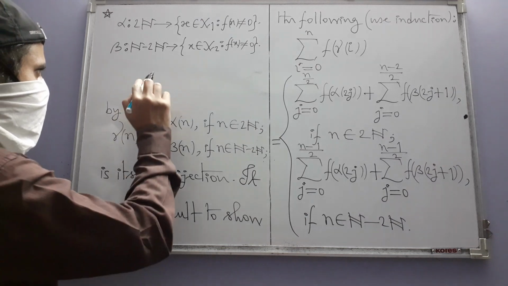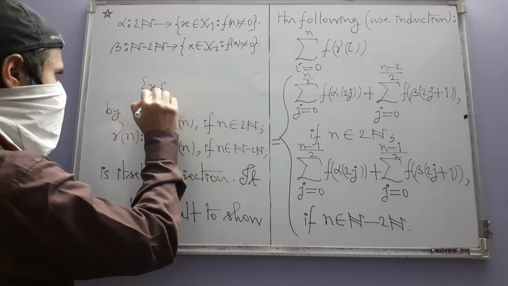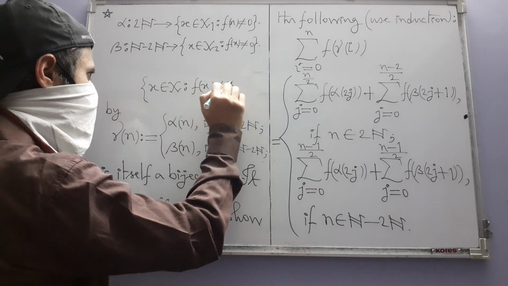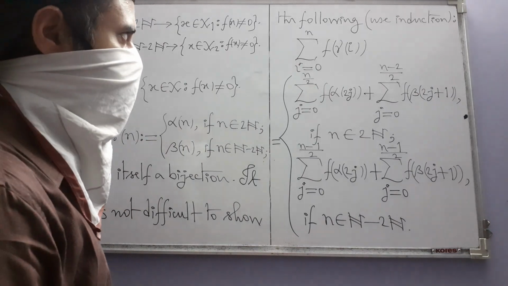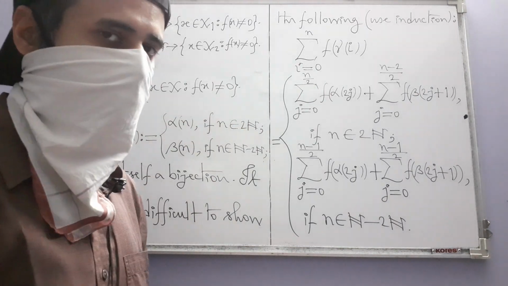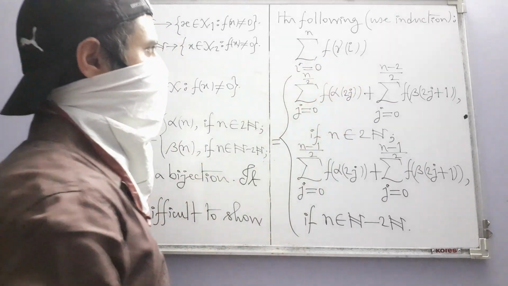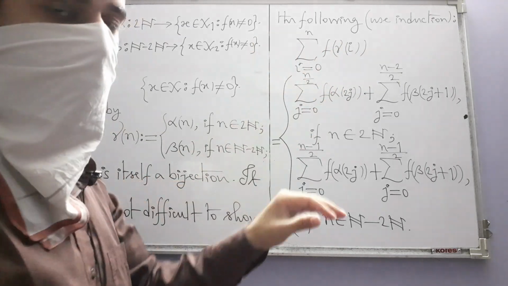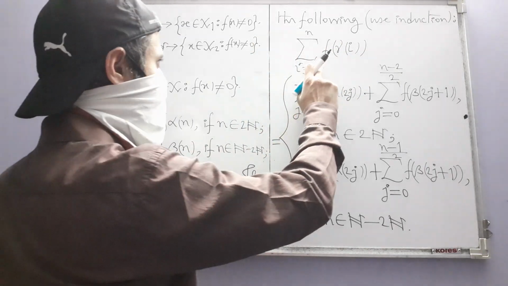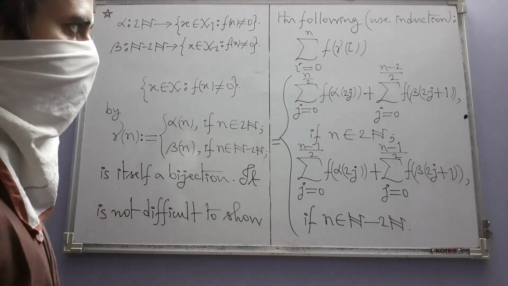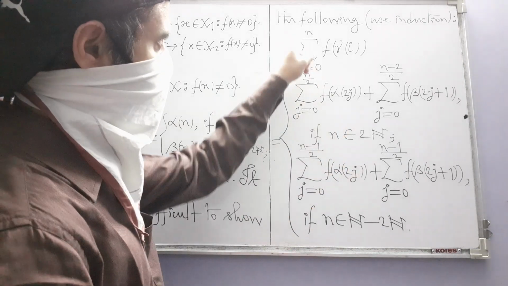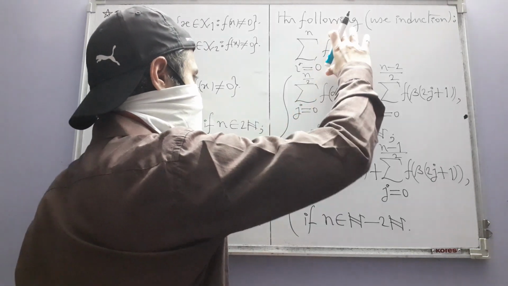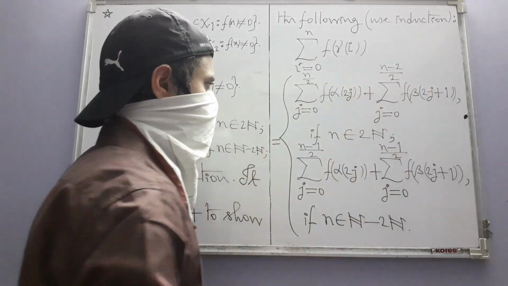The gamma values, of course, are the elements in this set, because that's what they are, and their f values we are talking about. So we are talking about a finite sum having finitely many such f values where I varies from 0 to n. On the other hand, if that n is even, then what we are claiming here is that this is equal to this sum plus this sum.